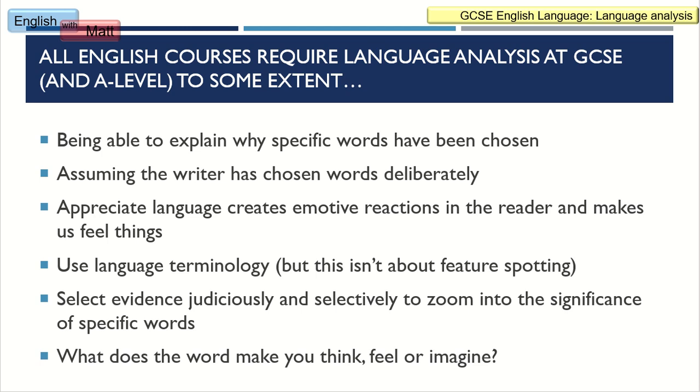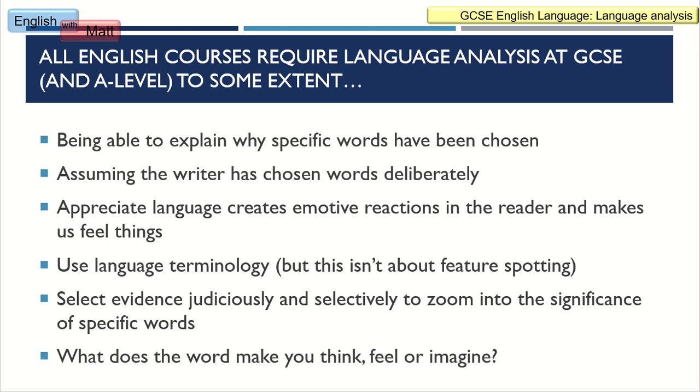With language analysis, we need to remember that we're trying to explain why specific words have been chosen, and we're assuming the writer has chosen them deliberately, because some writers think carefully about how they convey meaning and understand that they are manipulating our emotions through the words they use. So we need to appreciate that language creates emotive reactions and makes us feel things.